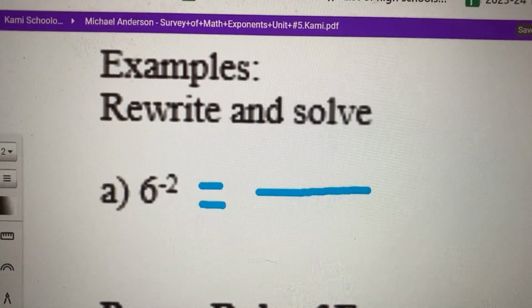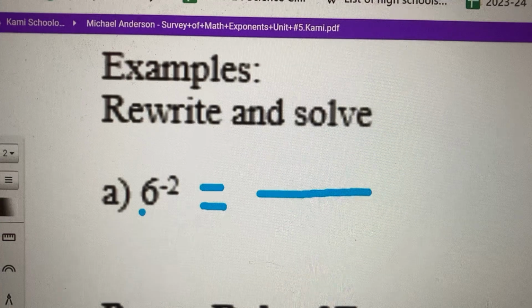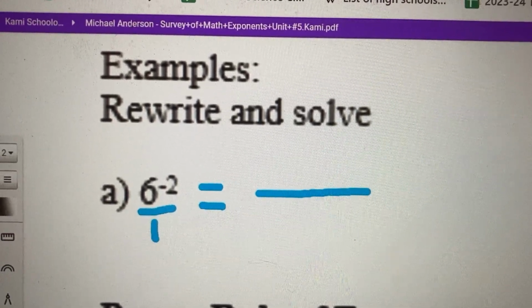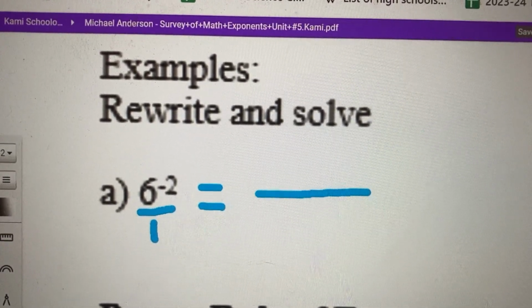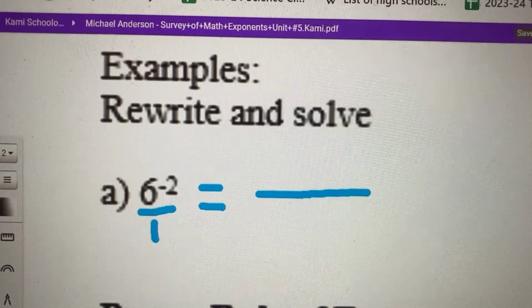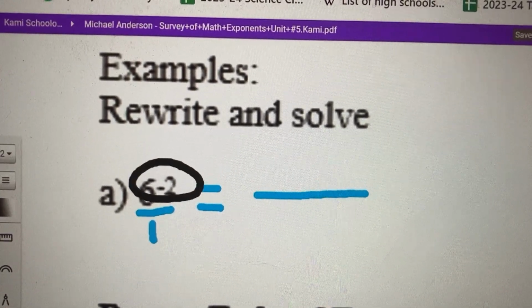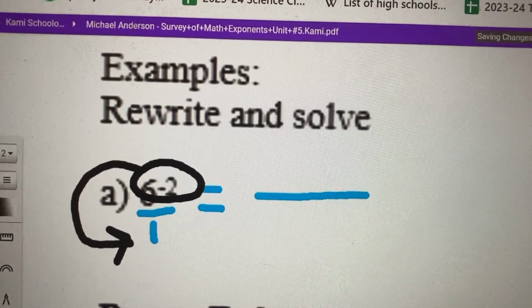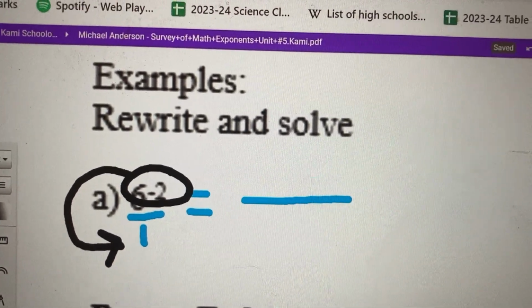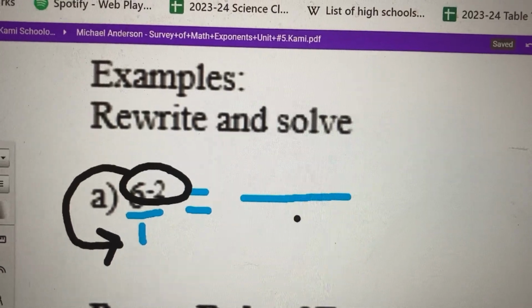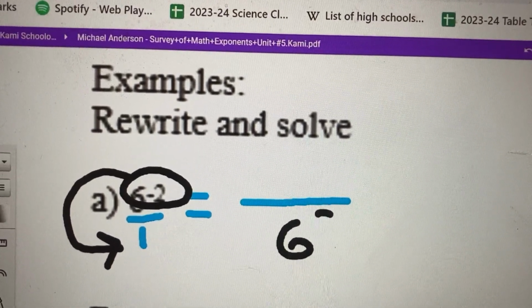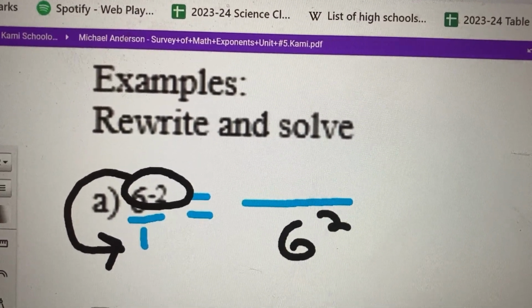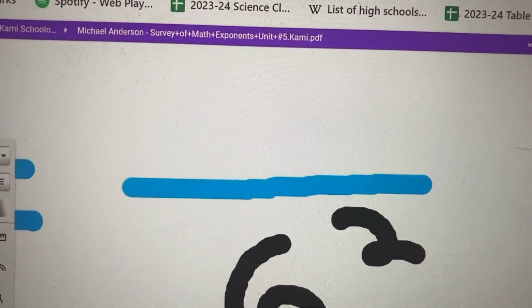So right now we have here 6 to the negative 2. I can put that over 1 and nothing changes, right? Okay, now, if I move the top across the division bar, the exponent will change signs. So I'm going to put the 6 and the 2 on the bottom, but now that's going to be a positive 2.